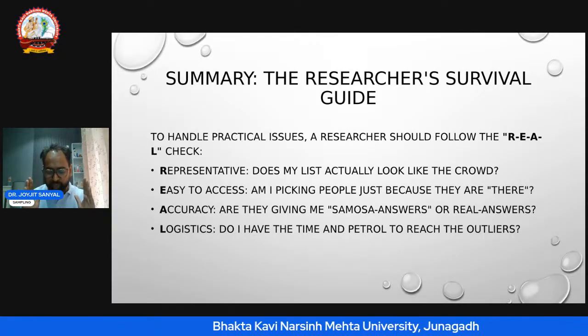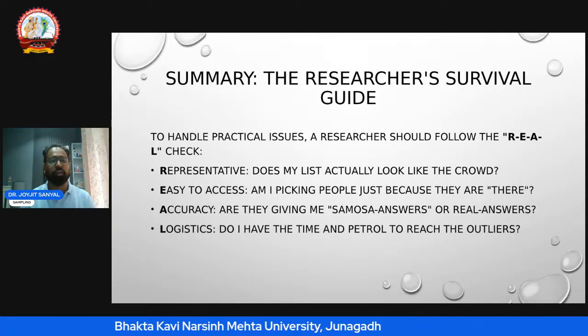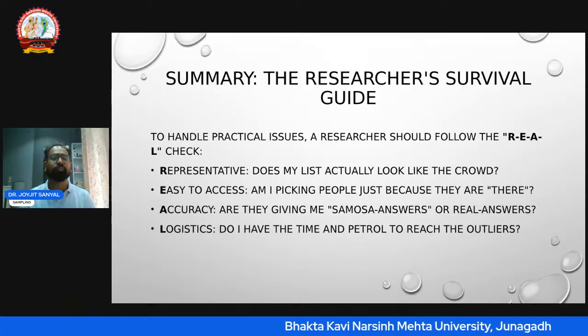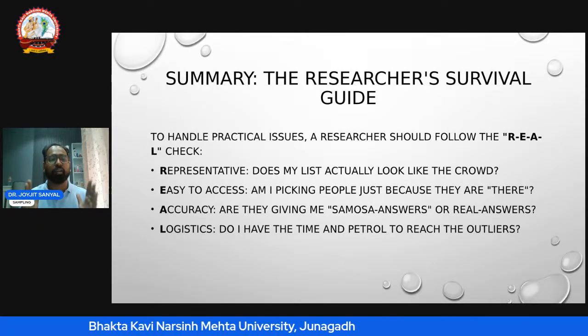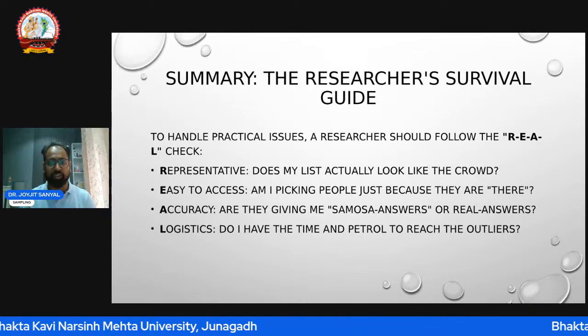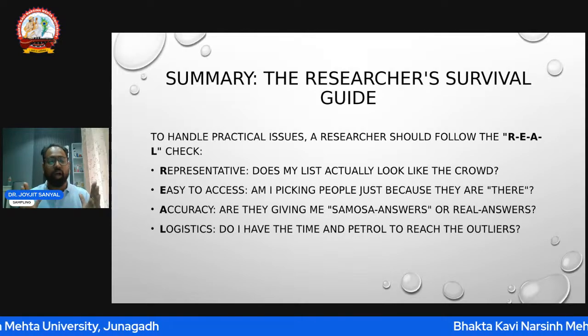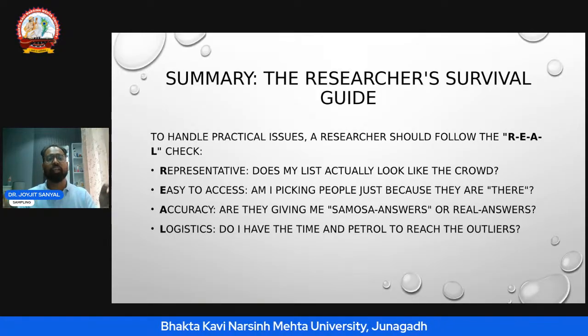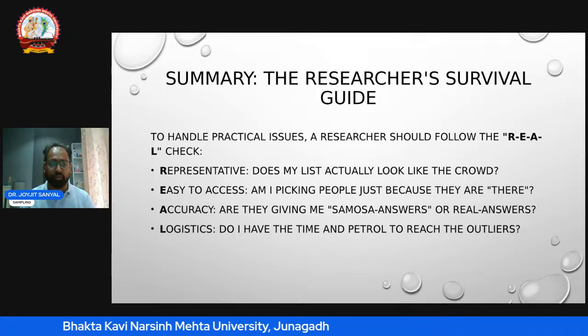When we are building our research methodology, after we have decided our topic, the first thing we need to do is prepare a concrete research methodology. Who is our population, who is the sampling frame, and is it highly representative or not? That's a thing you need to look at.